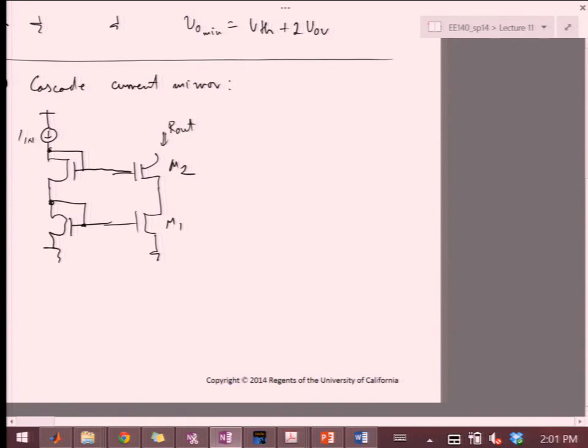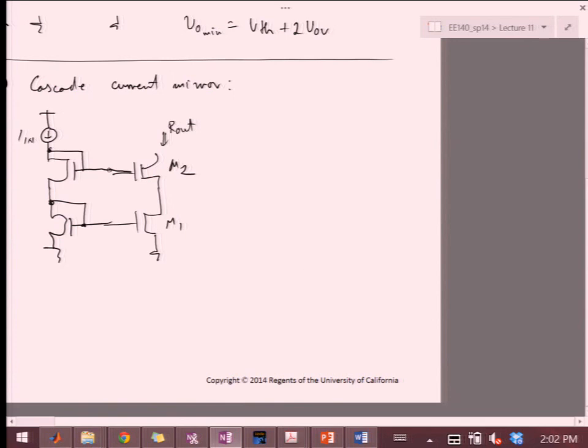And so I'm going to get the mirroring at the bottom, and then this point is also going to be biased by this additional device. Now notice in Wilson, we had a diode connection here, not here, right? So it's a little bit of a different mechanism.